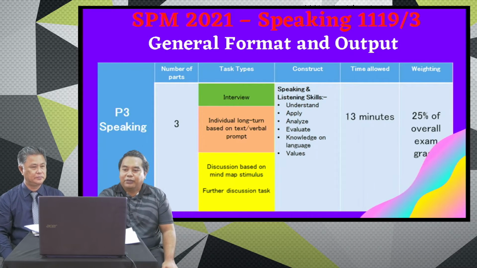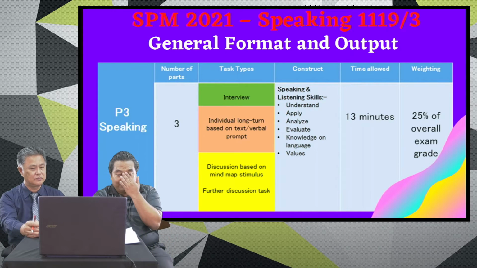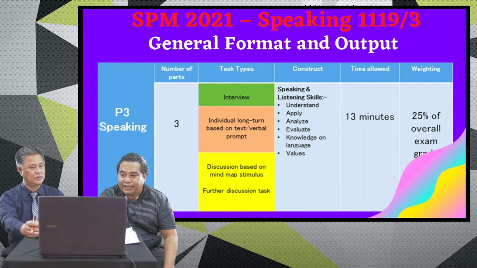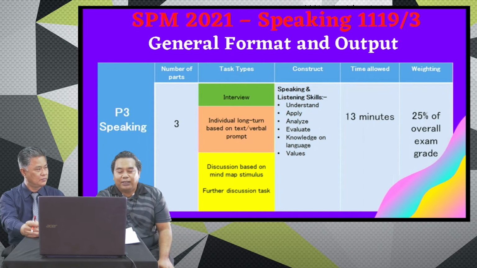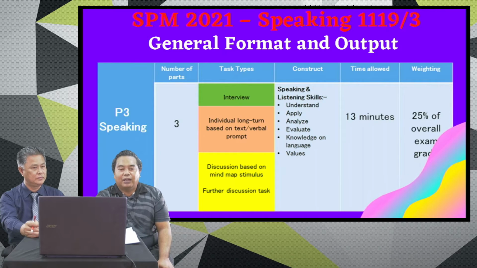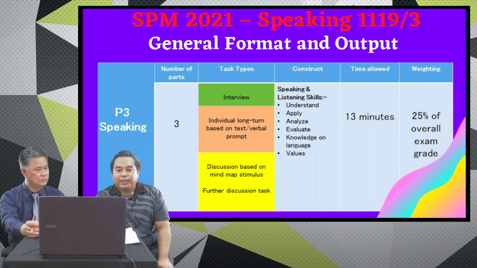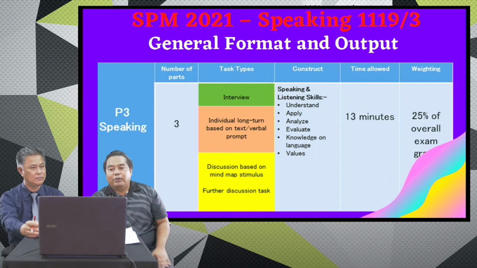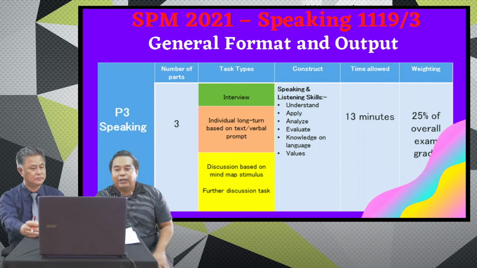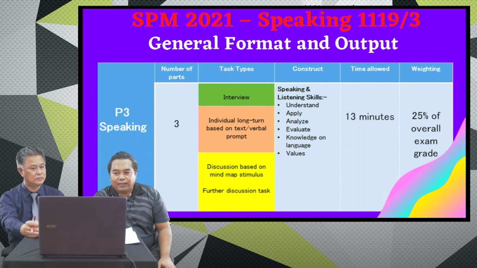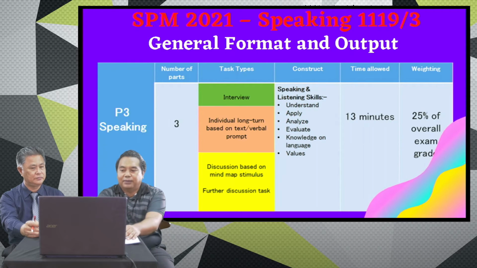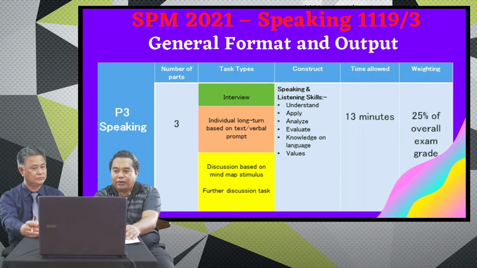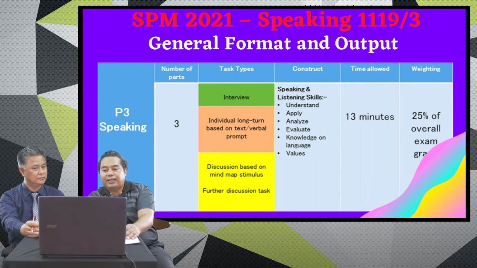The construct: speaking and listening skill. They will test your basic knowledge of the language, your variety of vocabulary, grammar, and then how you apply your language to answer questions, how you analyze, how you evaluate, and then the knowledge on language, and lastly on values.